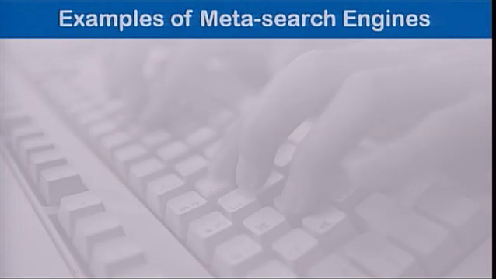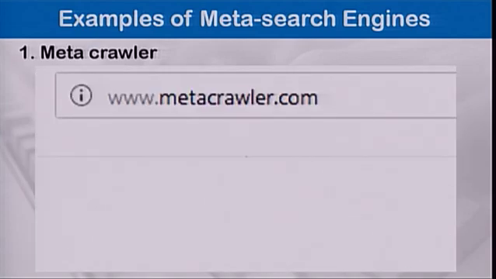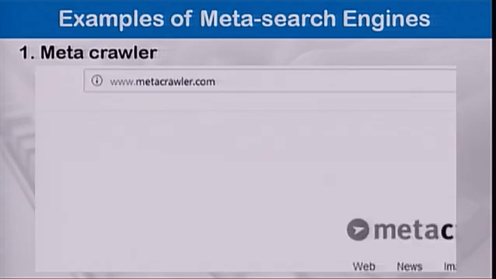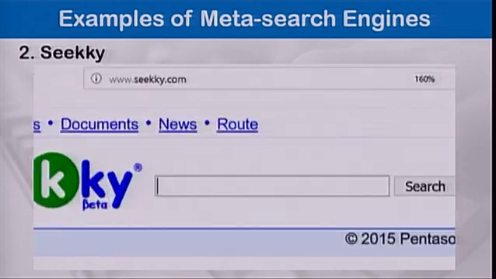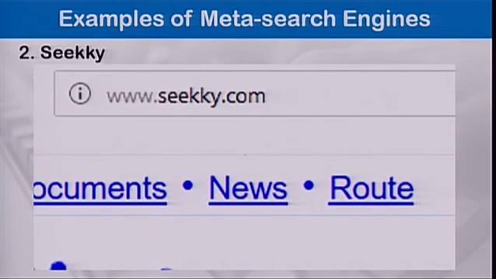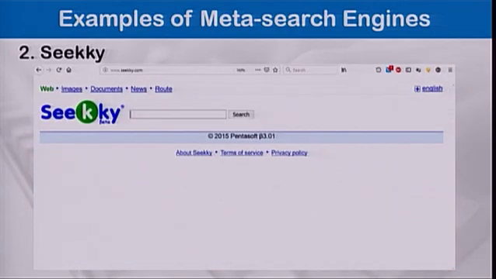Now that we know what a meta search engine is, let us see some examples of them. Among the popular ones, we have Metacrawler, which can be accessed at metacrawler.com. Seeky, accessed at seeky.com.